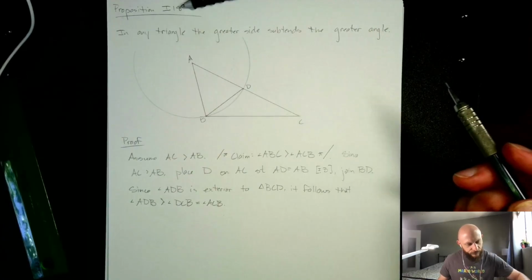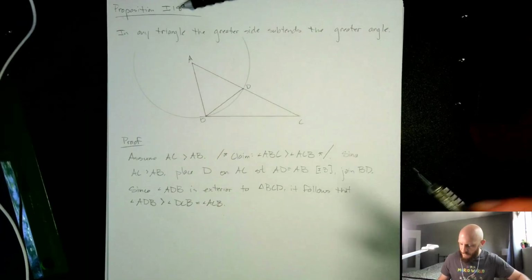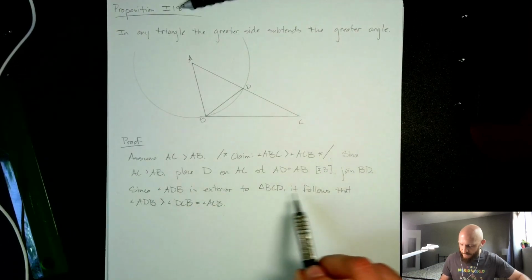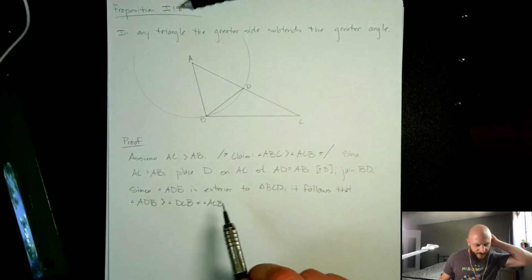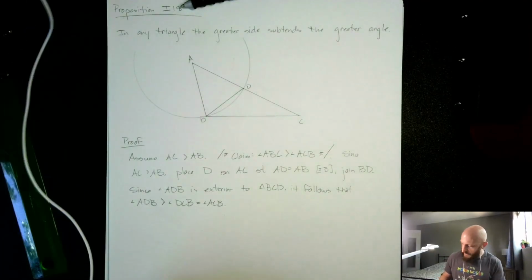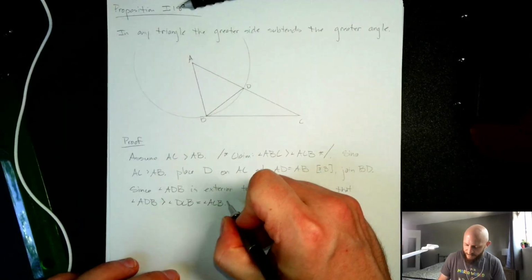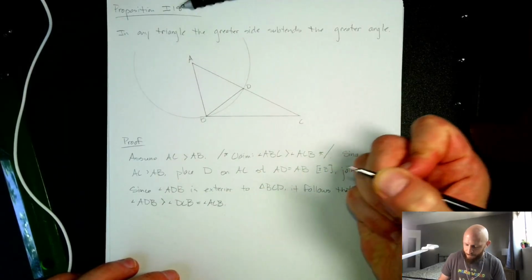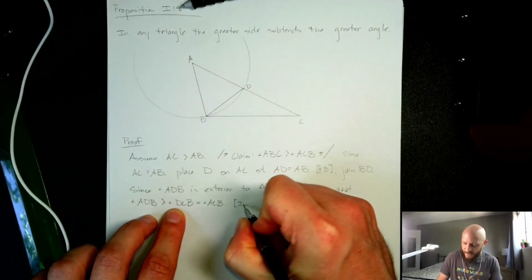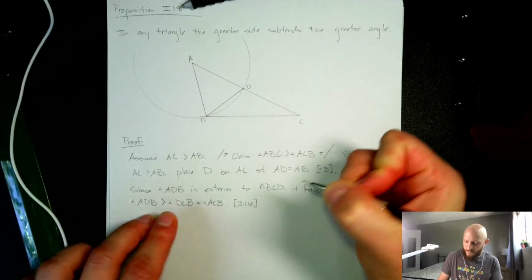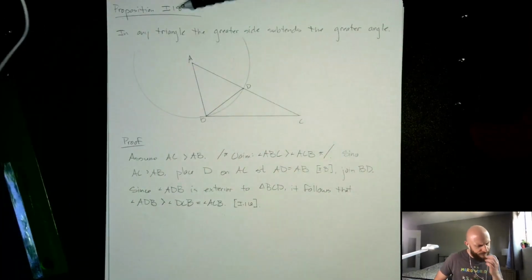We're getting close. This exterior angle being greater than the interior angles is from Proposition 16. It's really just the inequality part, not the last little bit that I added on.